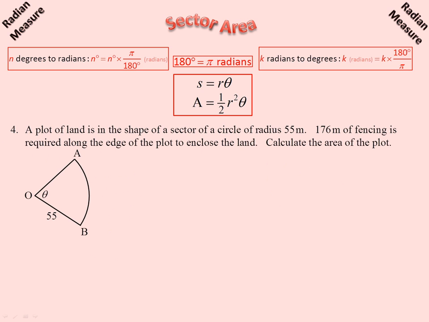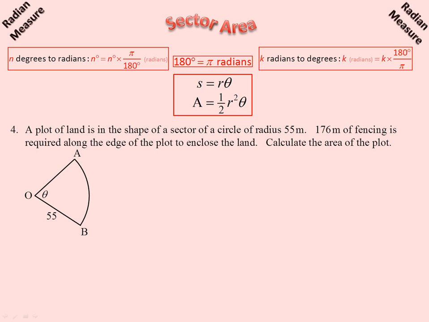So now we have a plot of land, the shape of a sector, circle radius 55, and 176 meters of fencing is required along the whole lot. And we want to know the area of the plot. Well, the area is half r squared theta. So we need to know theta.